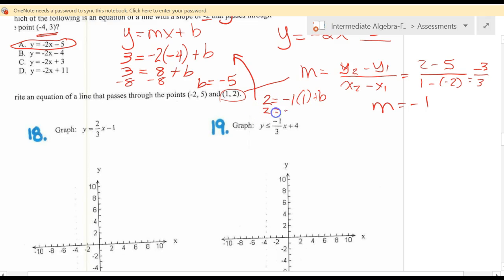So 2 = -1 + b. If I add 1 over here, I get b = 3. So my equation is y = -1x + 3.